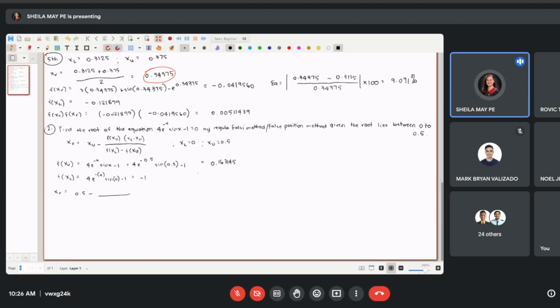Function of our upper, that's 0.6 multiplied by our x sub L, 0 minus 0.5. Function of x sub L, that's -1 multiplied by our upper.